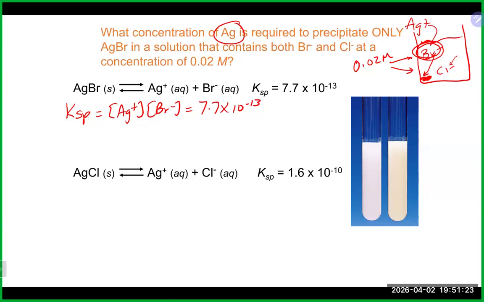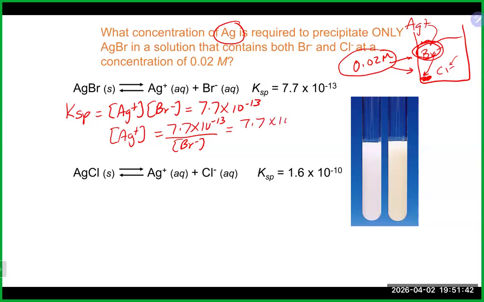So what we could simply do with the KSP expression is solve for the silver concentration, which would be 7.7 times 10 to the minus 13 divided by the bromide concentration. We know that from the problem, so we put it in there and get 7.7 times 10 to the minus 13 divided by 0.02 molar.